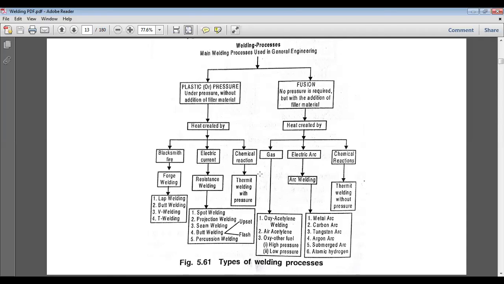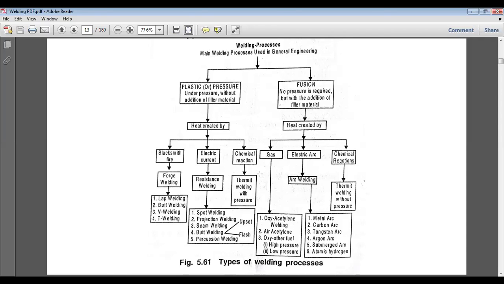We'll be discussing these. In gas welding, we have oxyacetylene gas, air acetylene gas, and other types of gas: methane, ethane, other fuel gas. That means methane is combined with oxygen and then they are burned.